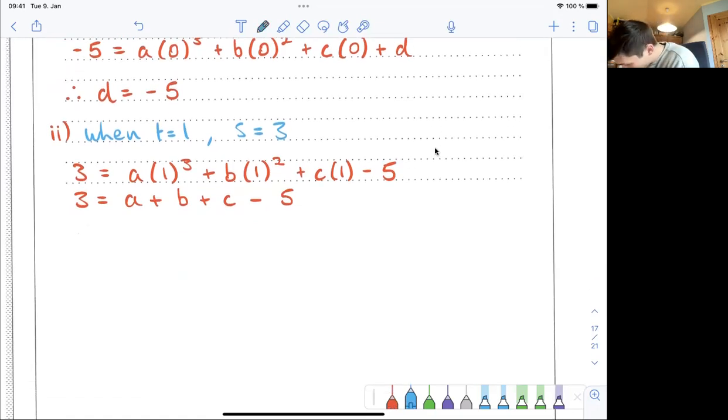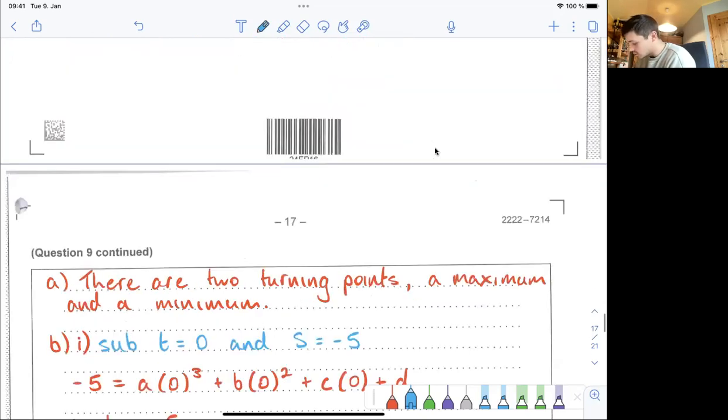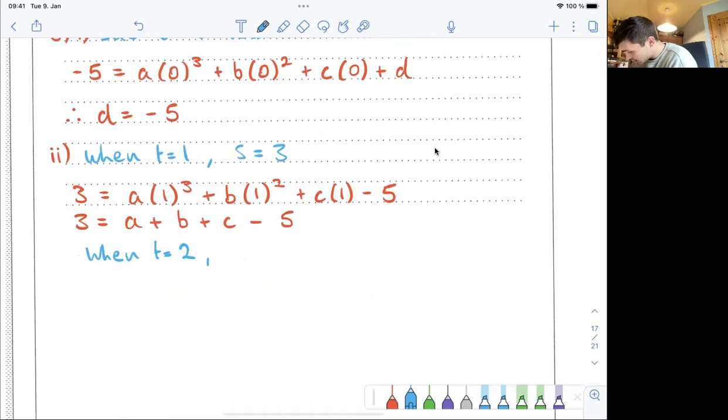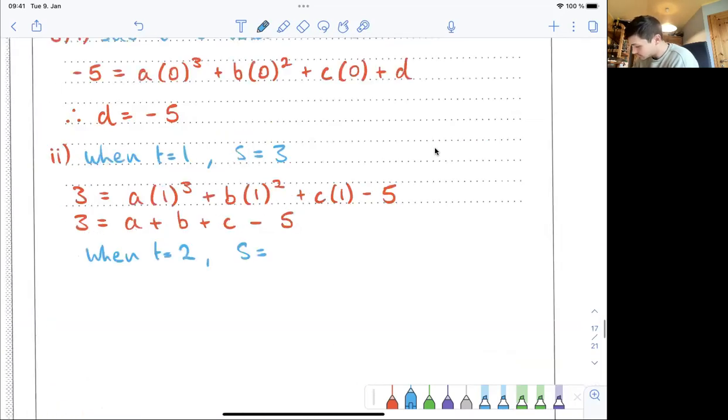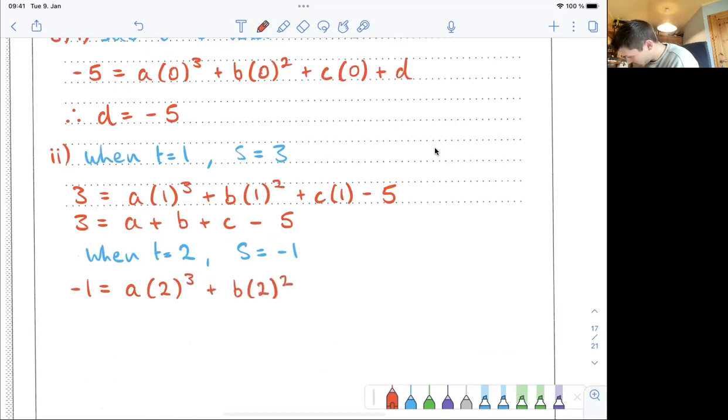Now when we move on, we're going to say when T is equal to 2, S will be equal to -1. So we'll say -1 is equal to A multiplied by 2 cubed plus B multiplied by 2 squared plus C multiplied by 2 -5.